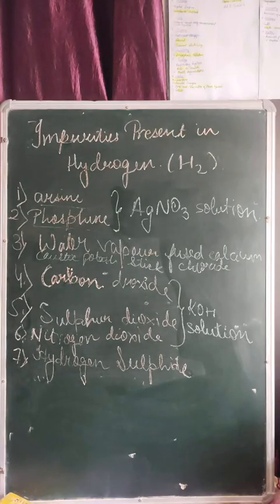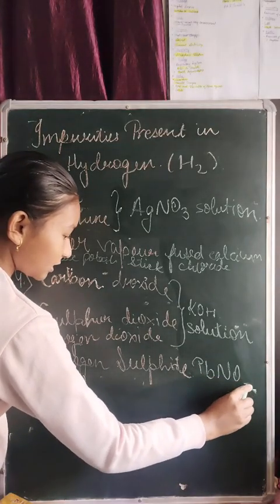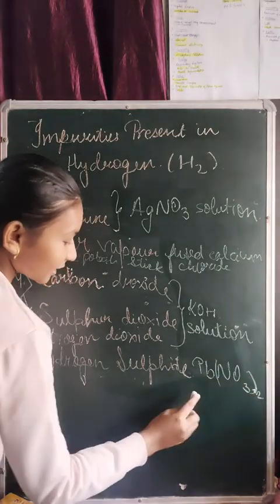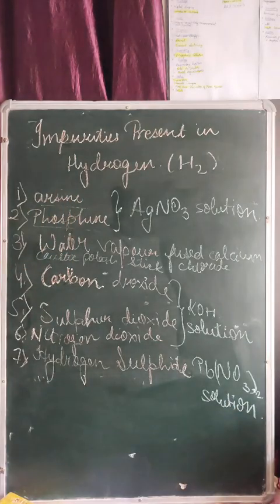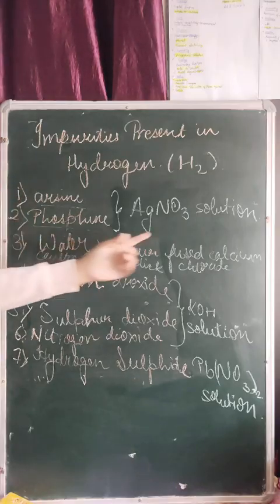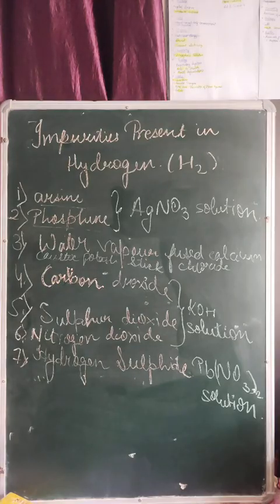Hydrogen sulfide can be removed using lead nitrate solution. So these are the impurities present in hydrogen, and these are the substances or solutions by which we can remove them.